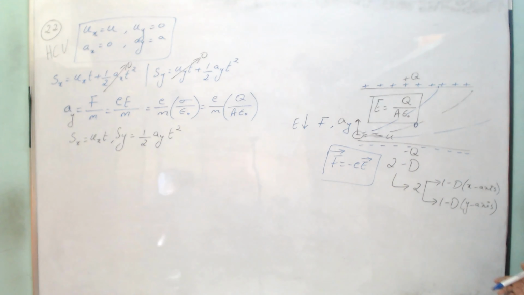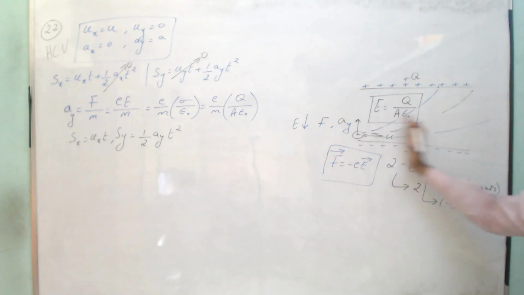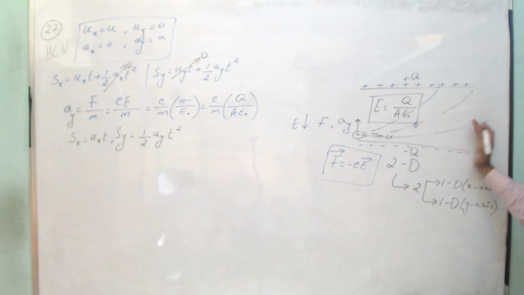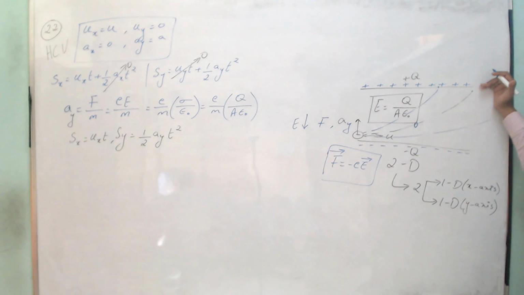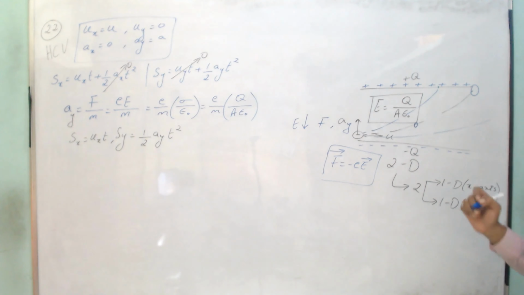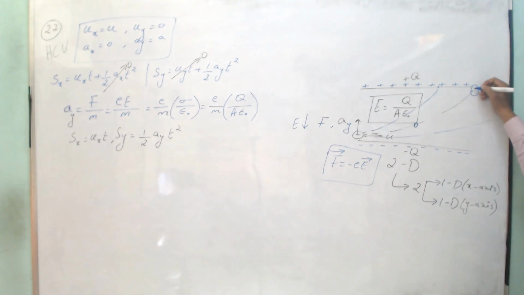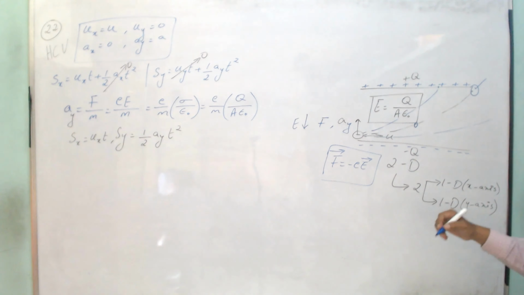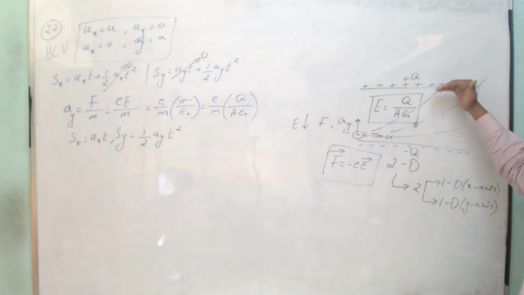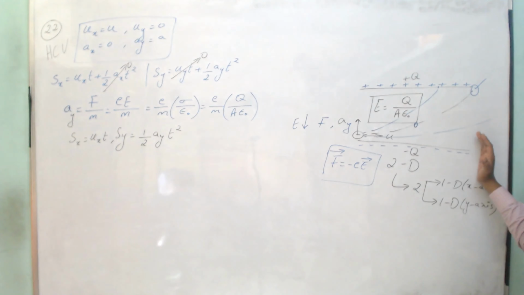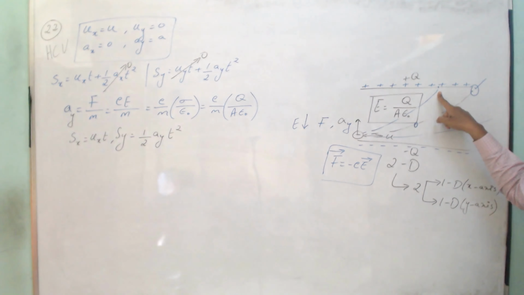When I am saying that in the same given time t, the horizontal displacement is from left end to right end, the vertical displacement is from the bottom end to the top end, it gives me exactly this condition. So what he is mentioning in the question, that it just doesn't hit, will basically be this condition. If the particle displaces along y-axis before displacing completely along x-axis, it will hit the wall of the plate.